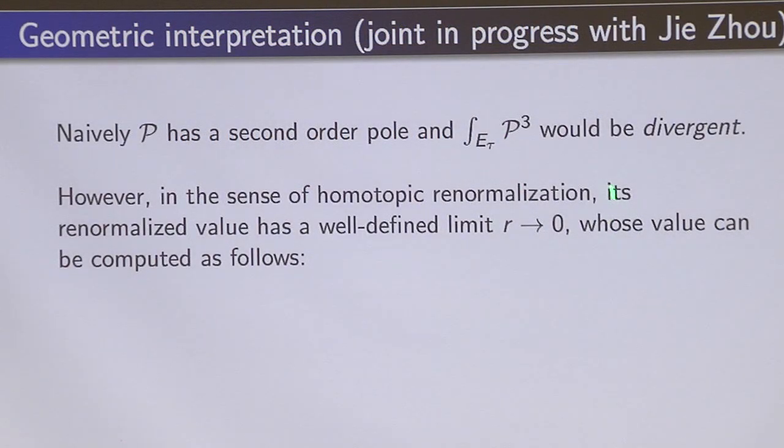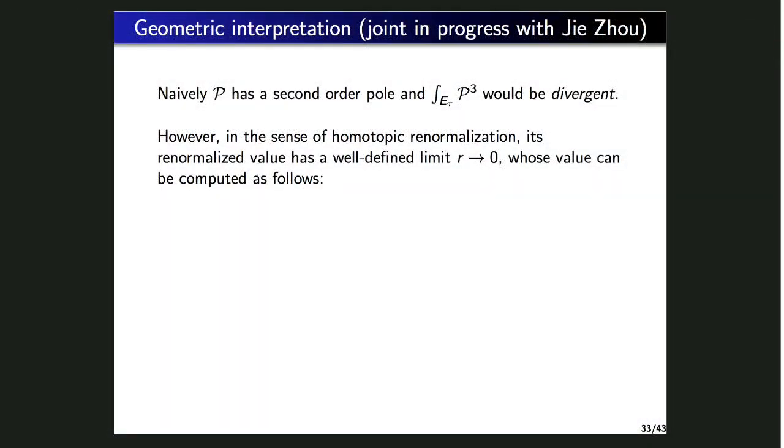Why would it be convergent? This is where homotopic renormalization is very smart. When you evaluate this term, you first have to go to a nearby point with some particular regularization, evaluate, and then take the limit back. It turns out that if you do this, the limit actually exists.